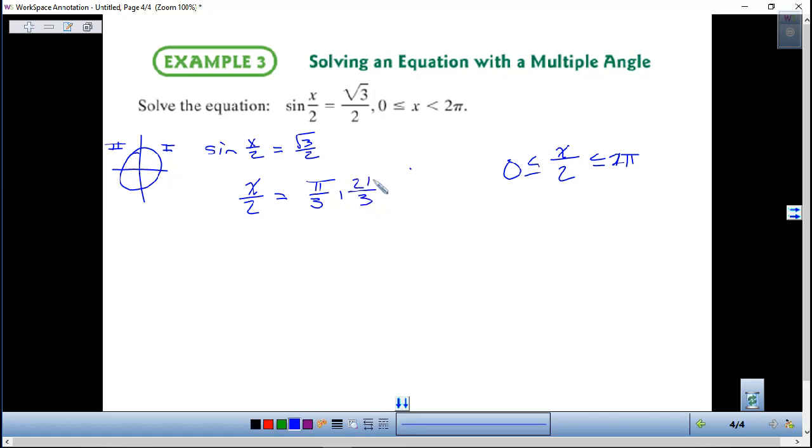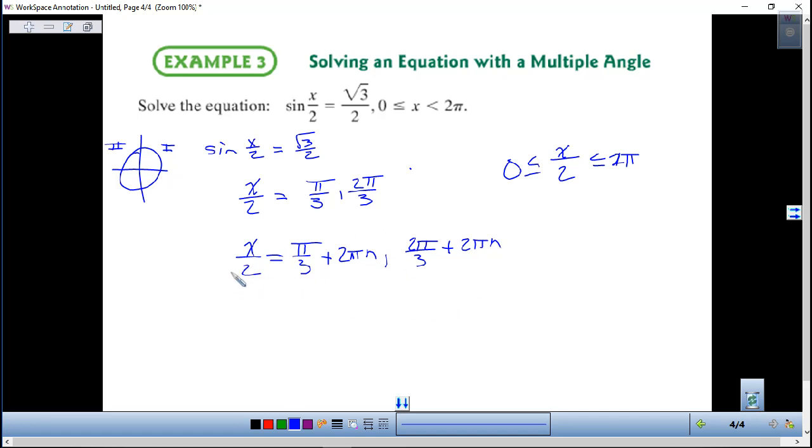Those are the pi over 3's in quadrant 1 and quadrant 2. Now, we know that we've got 2 pi as the period, so x over 2, if we're looking for all solutions, is going to be pi over 3 plus 2 pi n, and 2 pi over 3 plus 2 pi n.